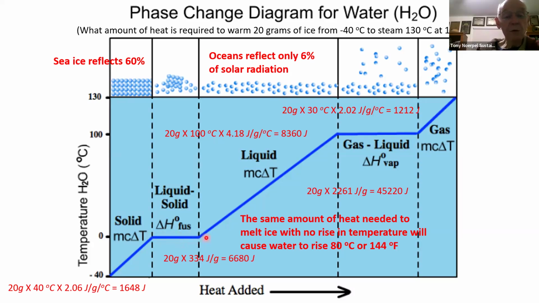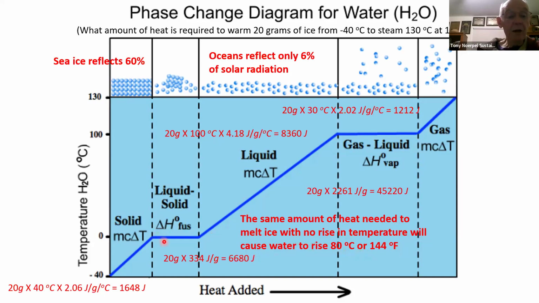All of a sudden it's all melted, and it will start warming again in proportion to the amount of heat you add until it gets to this phase transition where it starts boiling the water away. It stays at 212 degrees Fahrenheit until the water's all boiled away, and then it'll shoot up. The same amount of heat needed to melt ice with no rise in temperature will cause water to rise 80 degrees C or 144 degrees F.